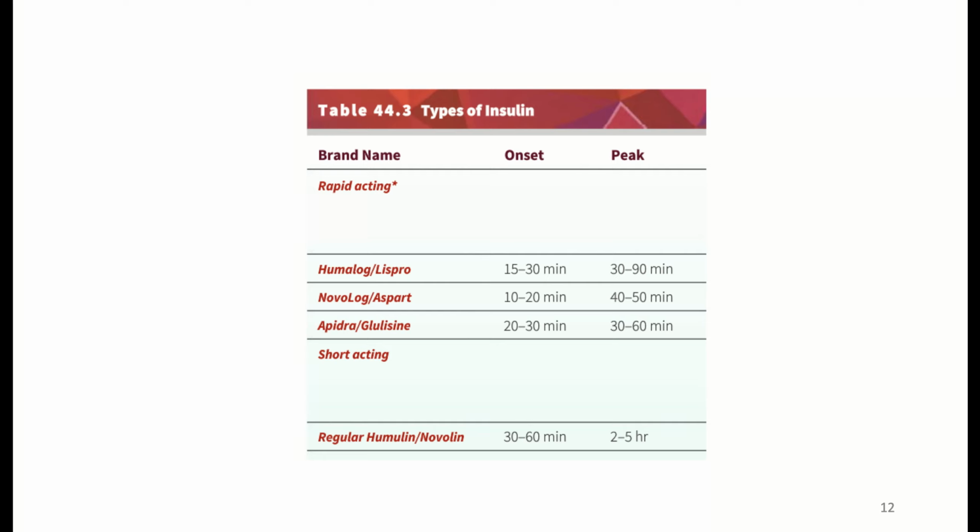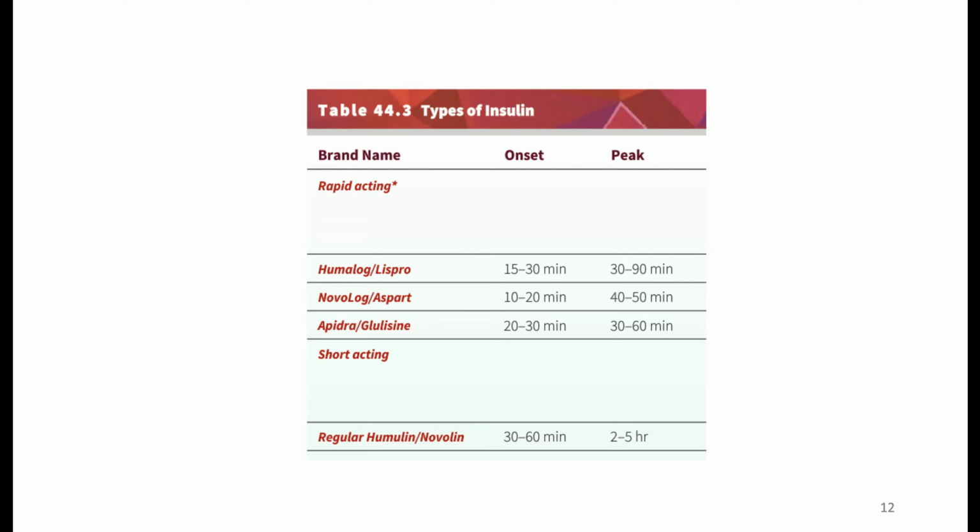Why do you need to memorize the peak and the onset? Because you want the onset to coincide with food intake. In other words, within that onset period, the client must eat or must have a food intake. During the peak, the nurse needs to monitor signs and symptoms of hypoglycemia.